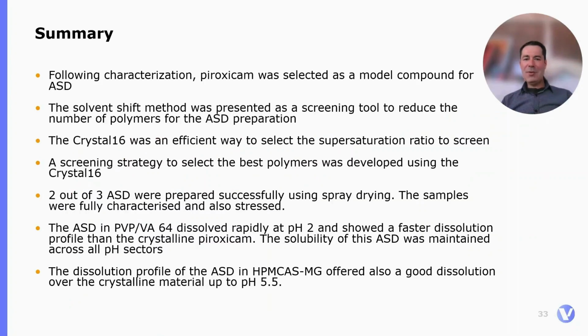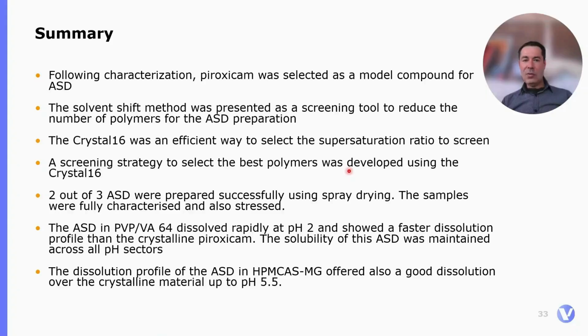To summarize, we presented Piroxicam as a model compound. It is a poorly soluble BCS Class II compound, and we gave a reason why it could benefit from ASD formulation. We showed you the principle of the solvent shift method as a screening tool to reduce the number of polymers. We talked about the different Crystal16 experiments we could use, the supersaturation selection, and the polymer screen.